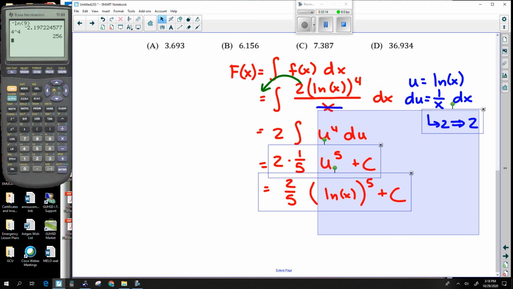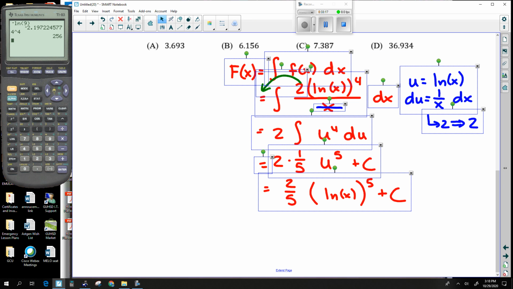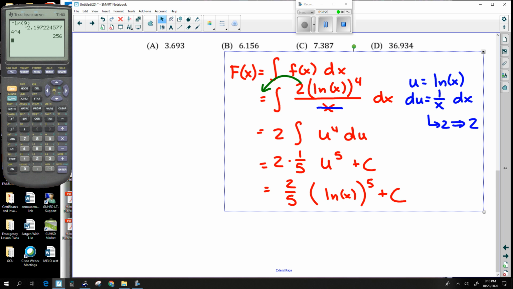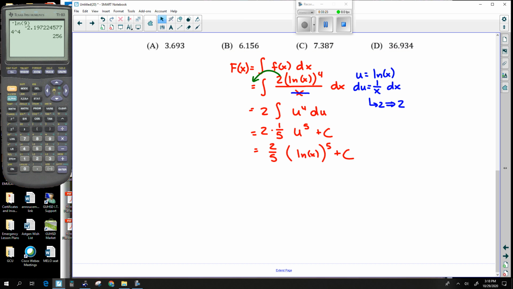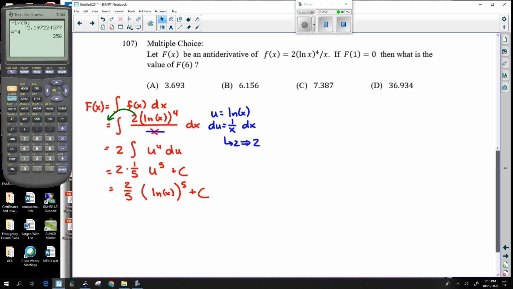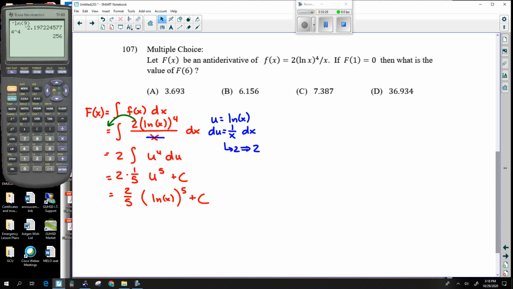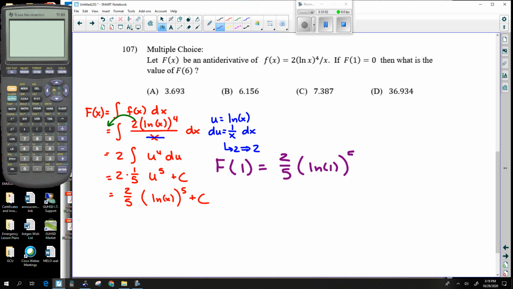And it looks like all of our answers are decimals and things like that. So I'm not going to break myself understanding what the fractions are and things like that. I'm not really going to break myself to keep things in ln's and stuff like that because the answers are in decimals. So it's assumed that you have a calculator. All right, so here, this is F. And so now they give me an initial condition F of 1, which is going to be 2/5 ln of 1, that's a 0, to the 5th plus c is equal to 0.